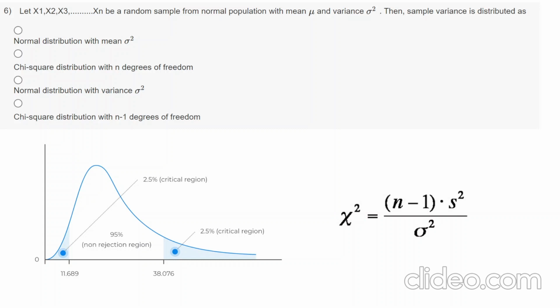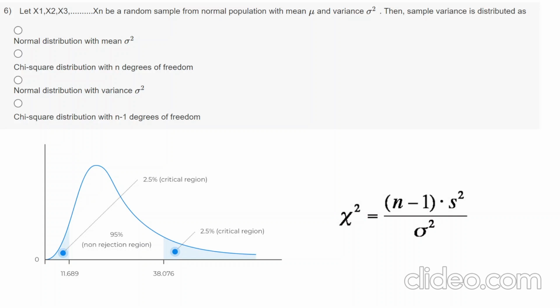As we know, for a random sample following the normal distribution, the sample mean is equal to the population mean, and the variance of the sample mean is population variance divided by n.